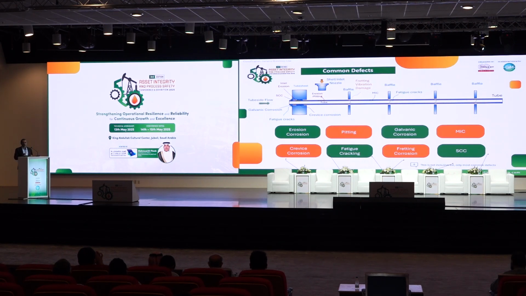This schematic shows the main damages which we can face in a shell and tube heat exchanger, with main focus on the tube side. As you can see, each location of the tube can be subjected to some specific types of attack.